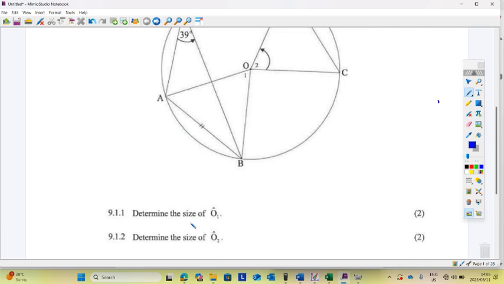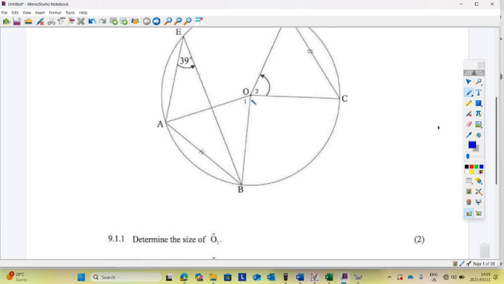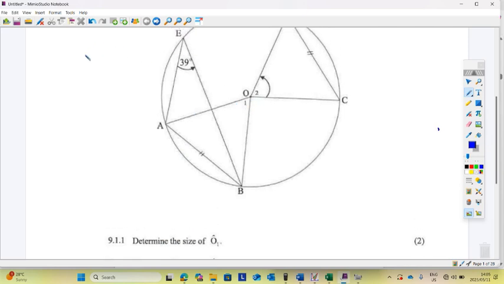Looking at the questions, determine the size of O1. O1 is here. O1 here is equal to 2 times 39, that is 78 degrees.